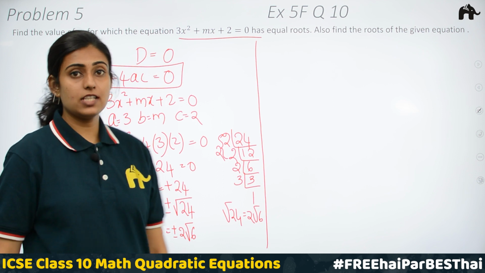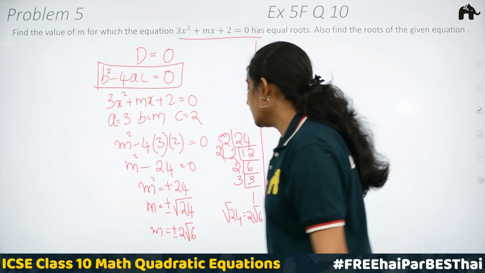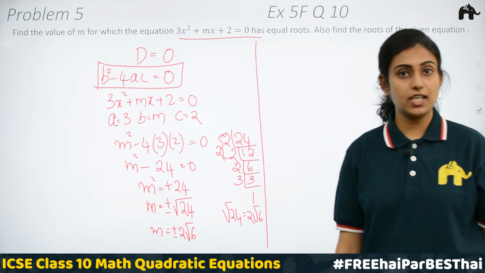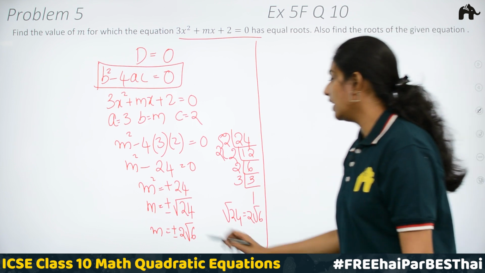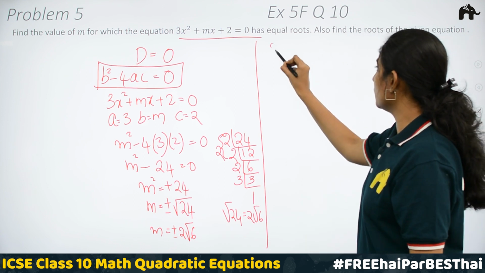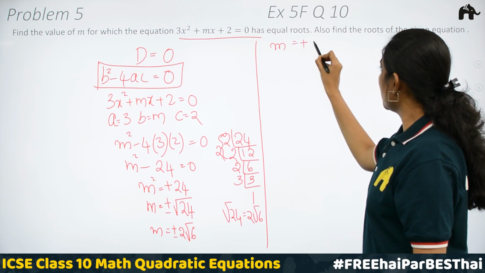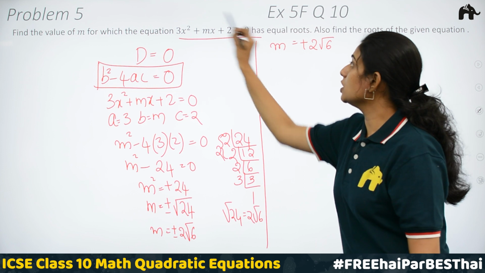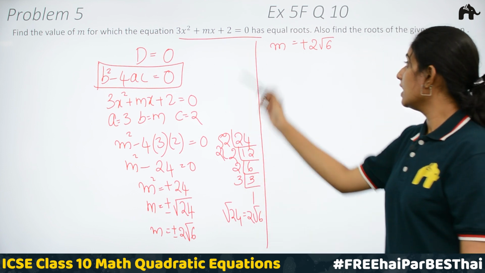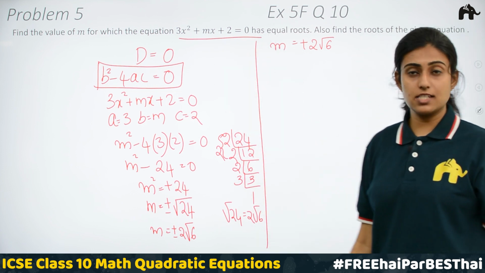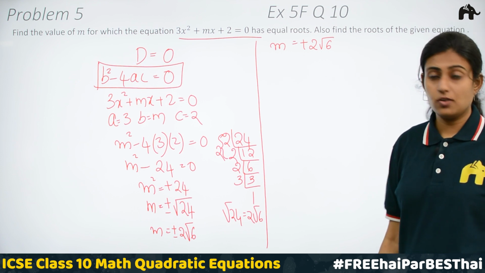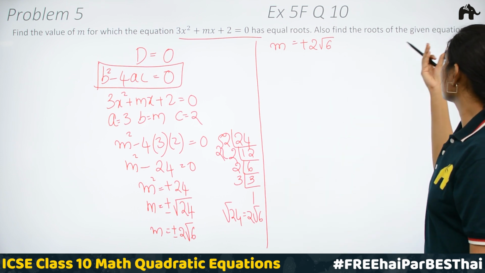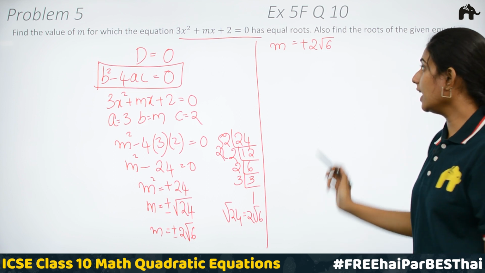Okay, we got the values of m. m is either equal to plus 2 root 6 or m is equal to minus 2 root 6. When we take m is equal to plus 2 root 6 and substitute in this equation, we should get RHS is equal to 0, from which we can find the values of x.